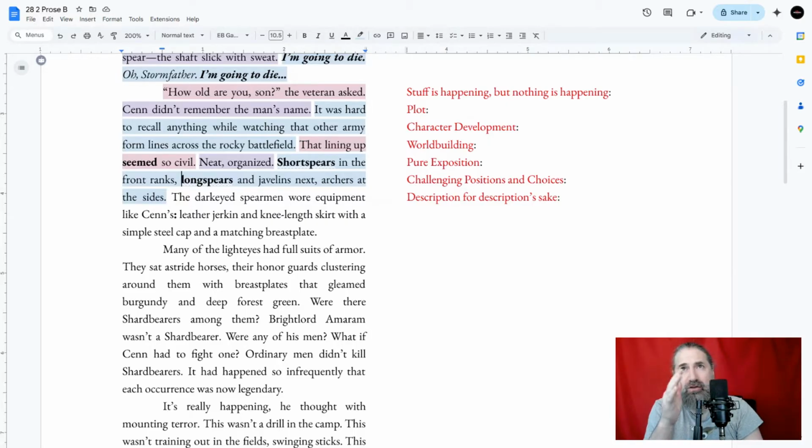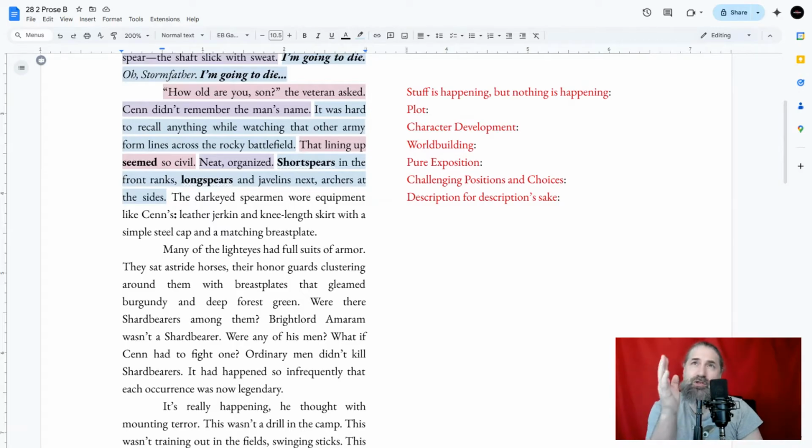Brandon Sanderson could have used any word he wanted, but he used front ranks because the character Sen would recognize front ranks. He could have easily had a character that doesn't know anything about warfare and say, people are holding short spears in the front, or why are the people in the front holding the short spears?